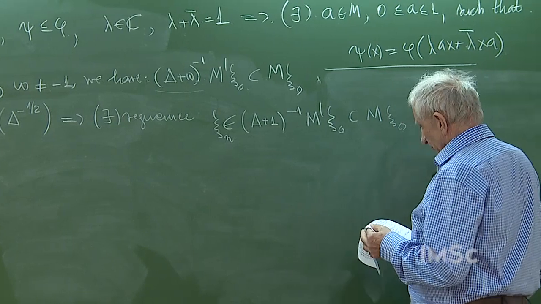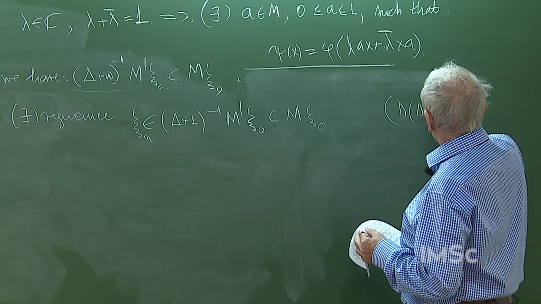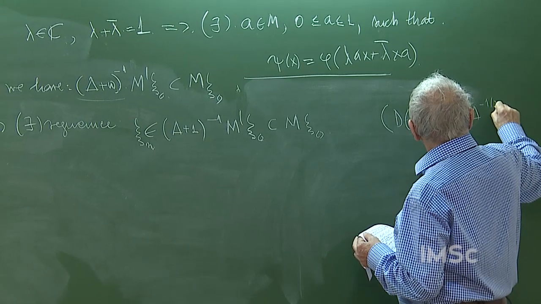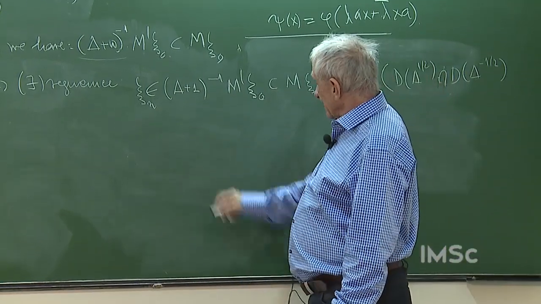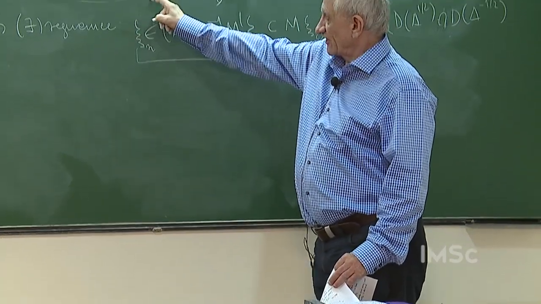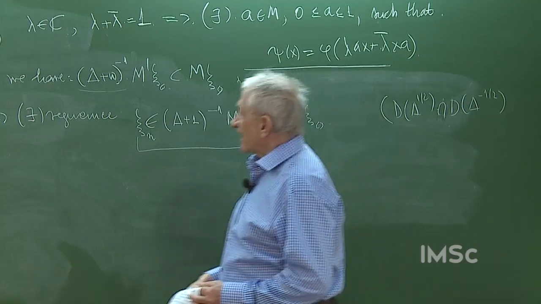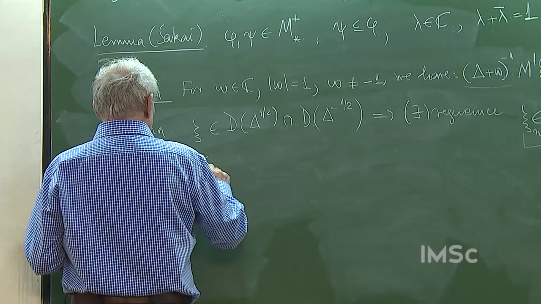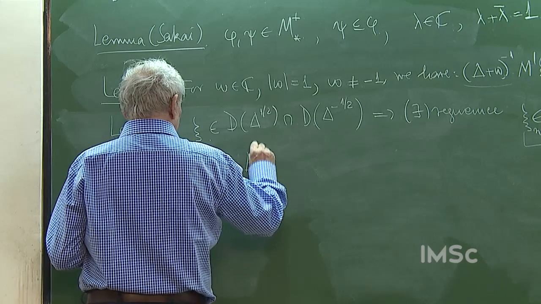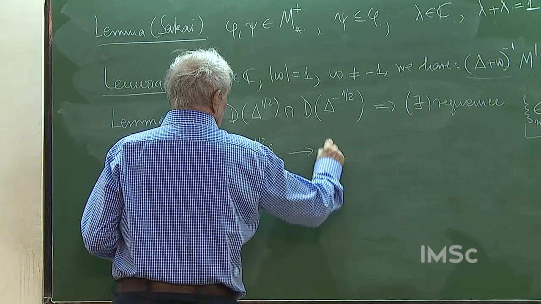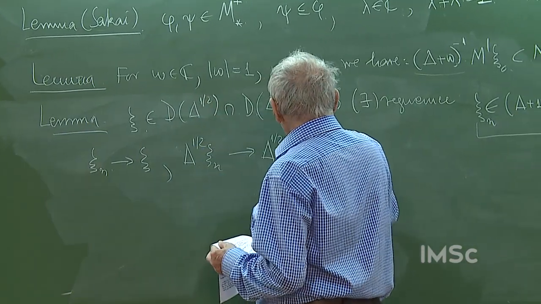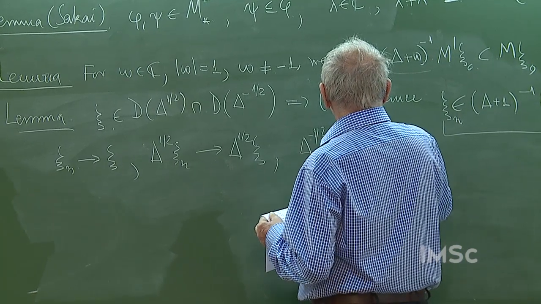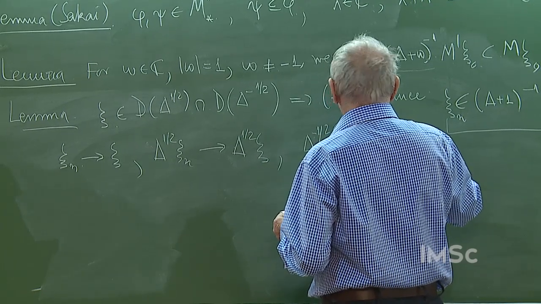These elements will then be in the domain of delta 1/2 intersected with the domain of delta minus 1/2, such that psi n converges to psi, delta 1/2 psi n converges to delta 1/2 psi, and delta minus 1/2 psi n converges to delta minus 1/2 psi.